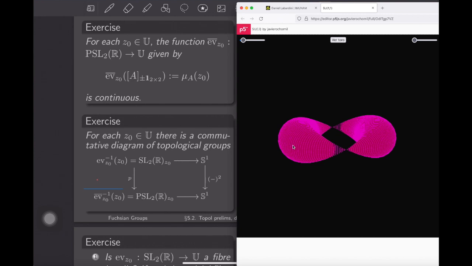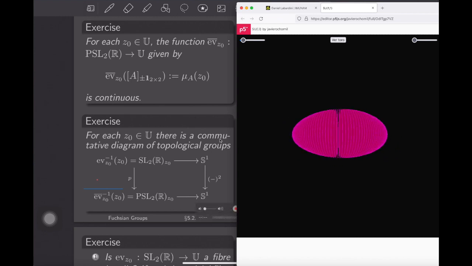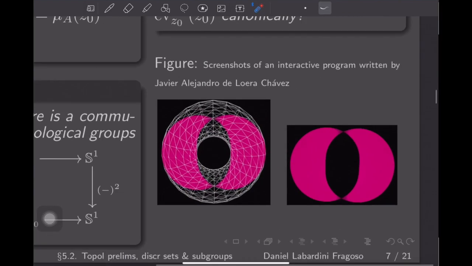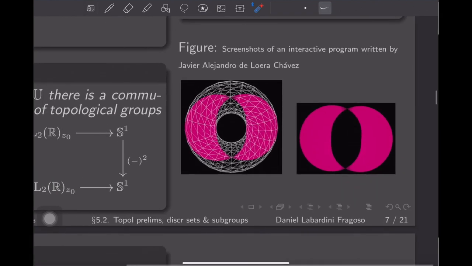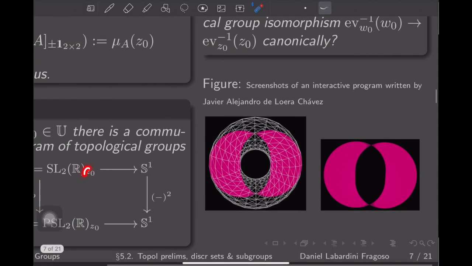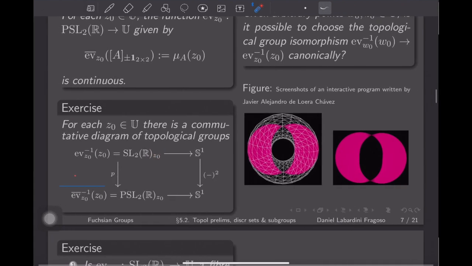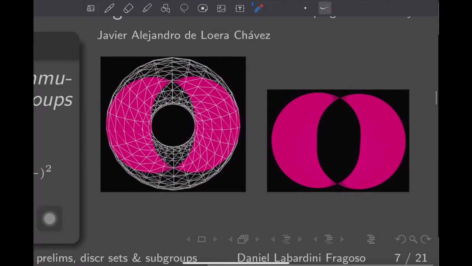And the point is that when I consider one point Z naught, and I ask for all those matrices whose Mobius transformation fixes it, what I obtain inside, in the interior of that solid, is one of these circles. Of course, the drawing is supposed to happen in the interior.